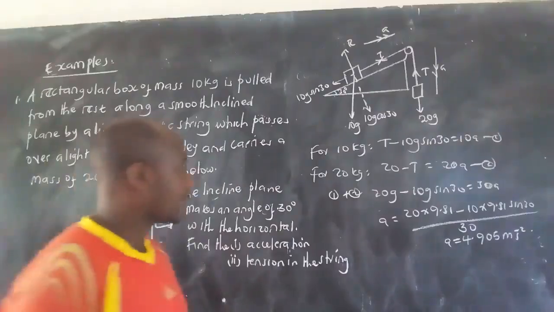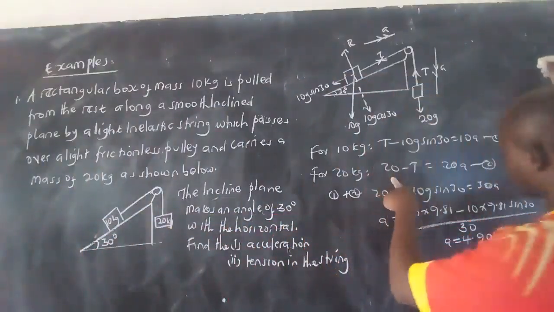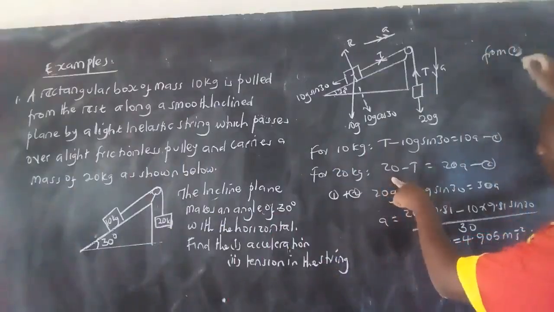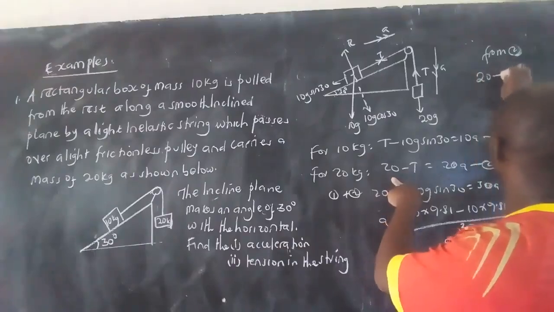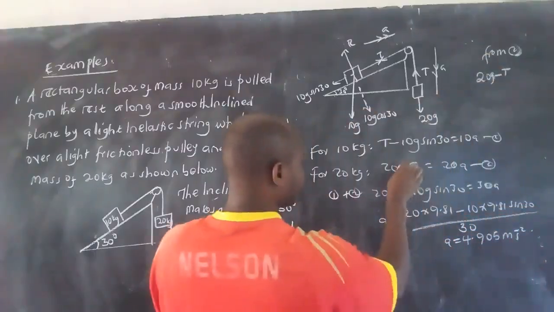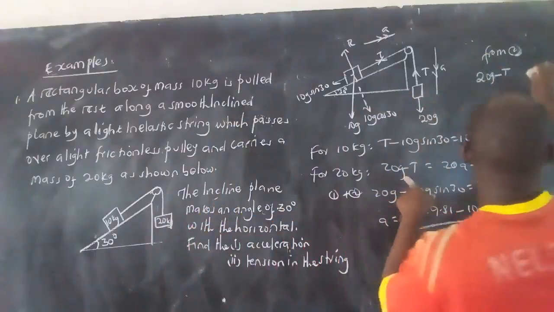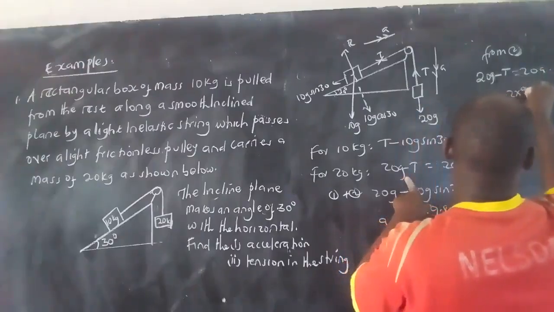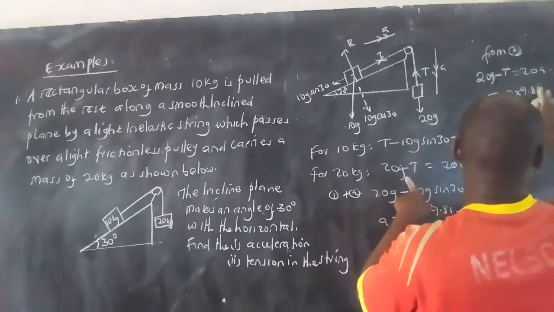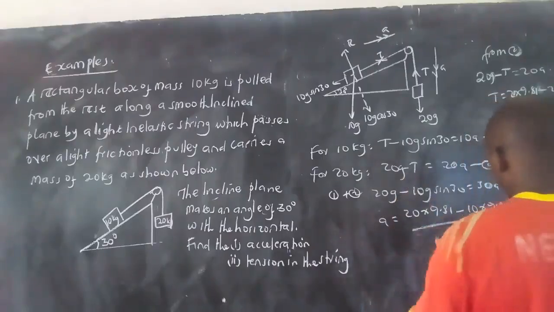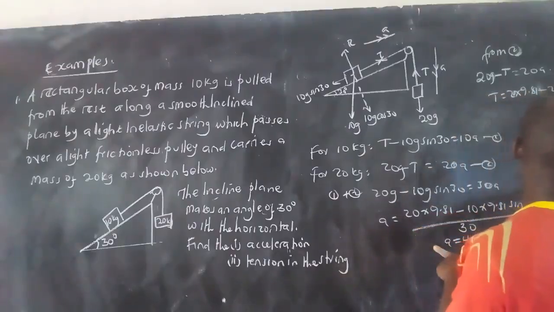Then the other question was asking about the tension. So you can substitute this one here. From equation 2, 20 G minus T is equal to 20A. Substituting, we get 20 times 9.81 minus 20 times 4.905.